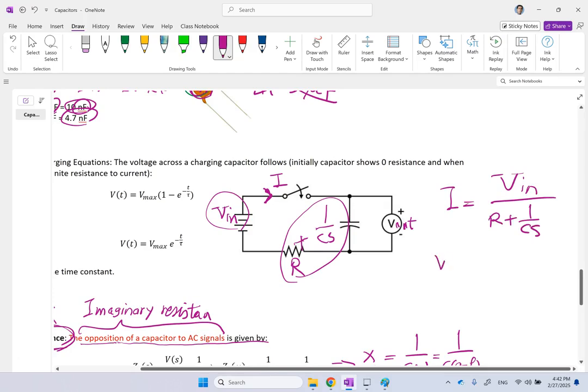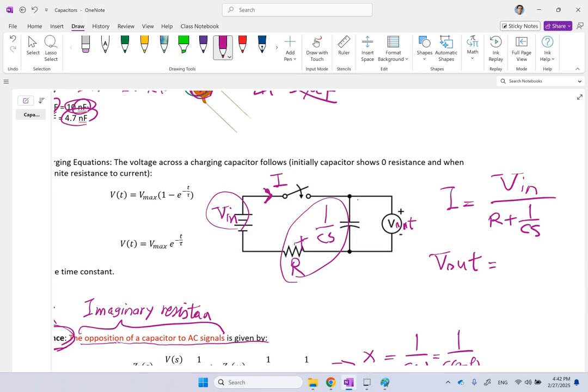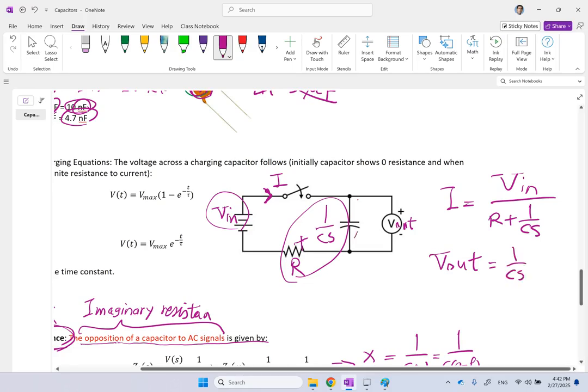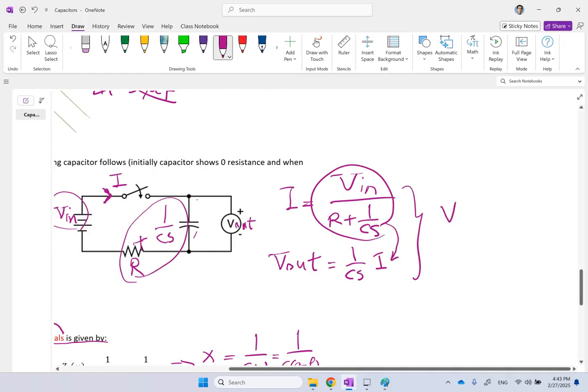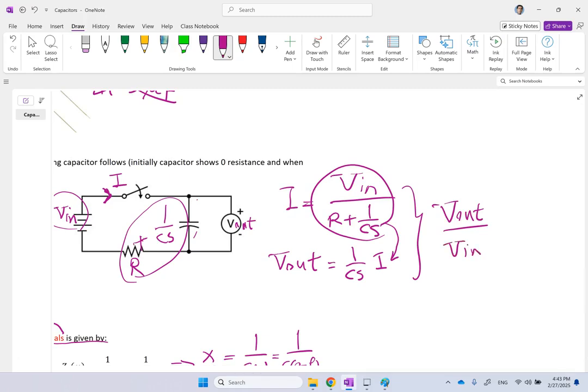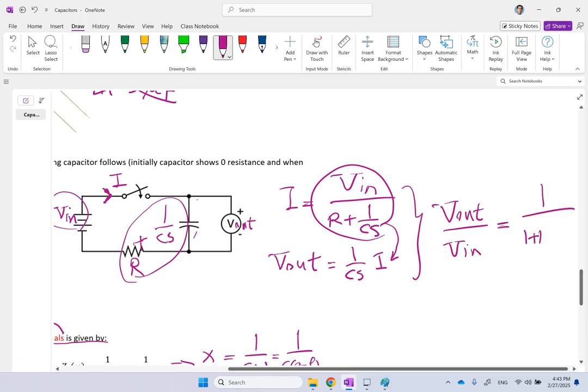And then V out is simply the voltage across the capacitor, so it's equal to its imaginary resistance times the current. If you eliminate I between these two, plugging it in and finding V out over V in, the transfer function of this system, you see that it is going to be 1 over 1 plus RCS.